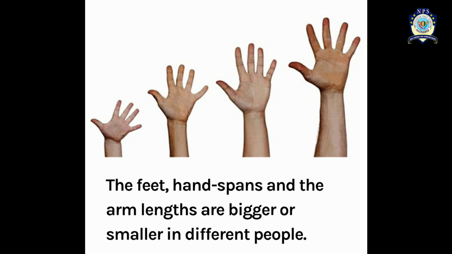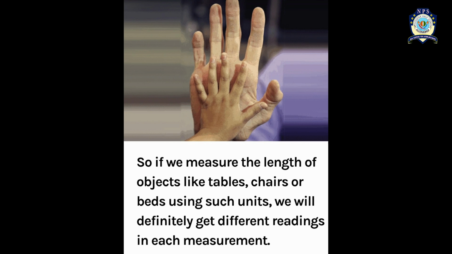The feet, hand span and the arm length are bigger or smaller in different people, because different people have different lengths of their hands. So if we measure the length of objects like table, chair or beds using such units, we will definitely get different readings in each measurement. Here in the picture you can see one hand is of a child and the other hand is of an adult.